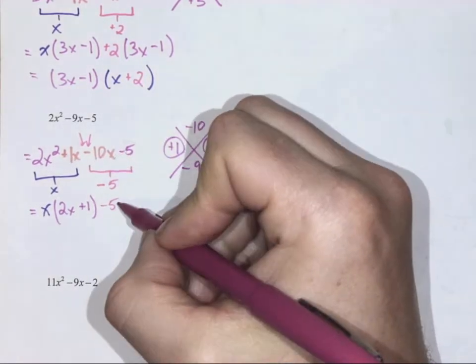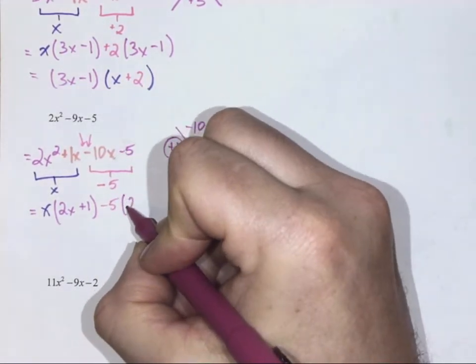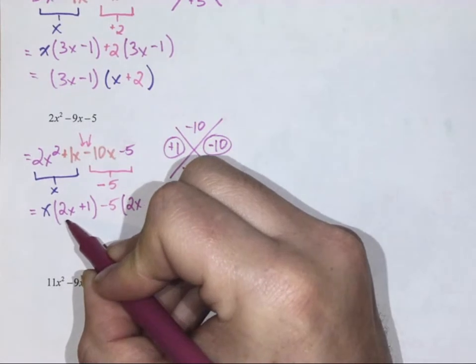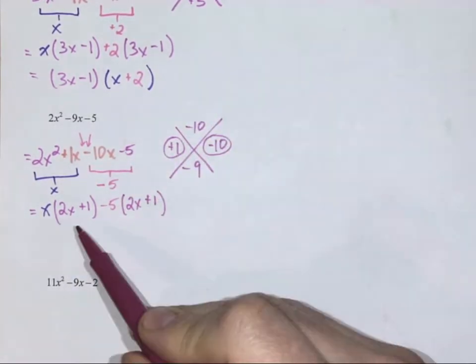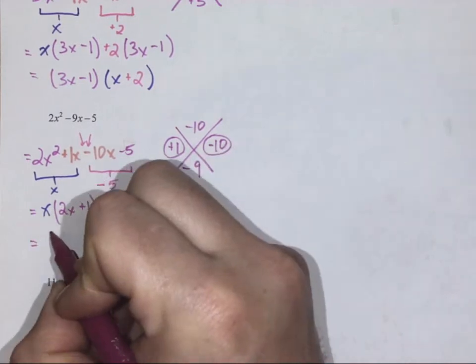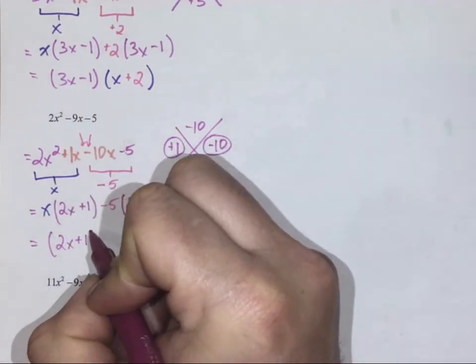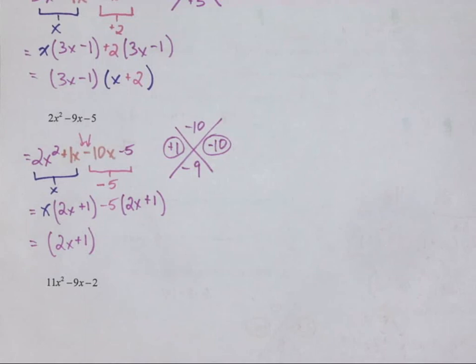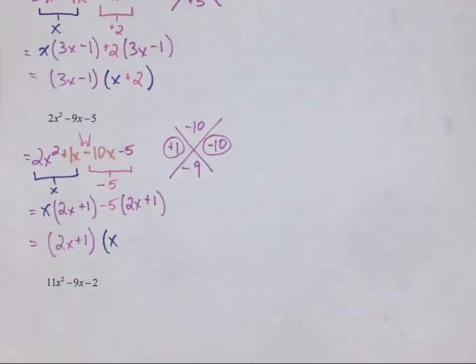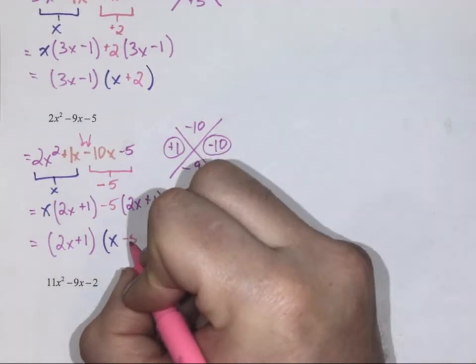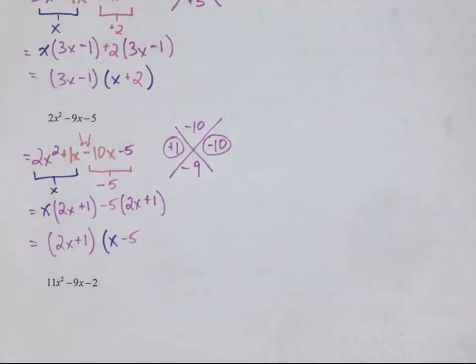Negative 10x divided by negative 5 is positive 2x. That's good. Negative 5 divided by negative 5 is positive 1. Awesome. Once again, did the exact same in the brackets, so I can now group them. My second bracket, x minus 5. And now you can factor by decomposition.